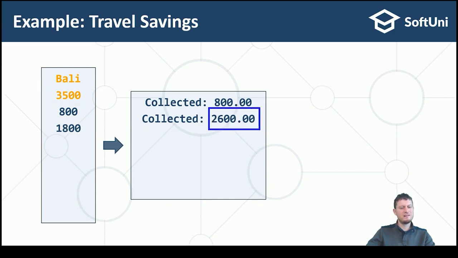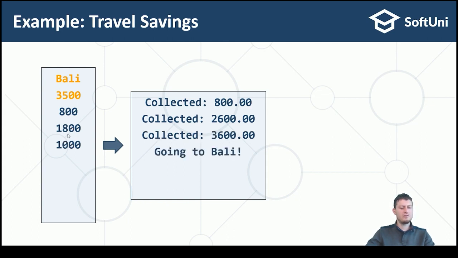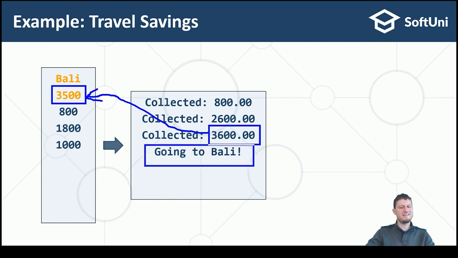It's still less than the required budget, 3,500. So we need to collect more money. At the next moment, we collect 1,000 more. So we reach 3,600, which is enough to visit Bali according to our planned budget. So we are going to Bali.